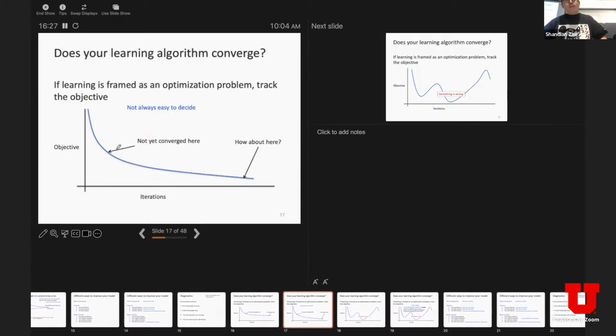But this observation might not always be informative. For example, you might observe an optimization behavior like this, right? At this point, you could see that the decrease of your loss is still going on, but it's much slower.